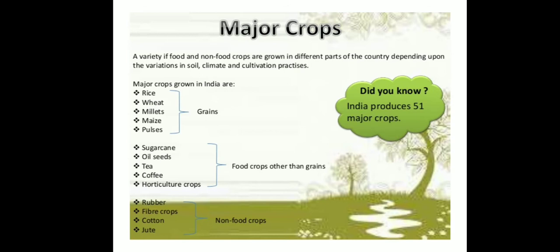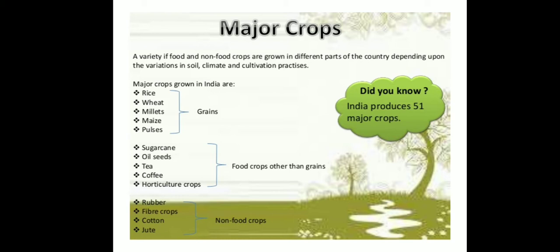After that, we have major crops. A variety of food and non-food crops are grown in different parts of the country depending upon the variation in soil, climate, and cultivation practices.